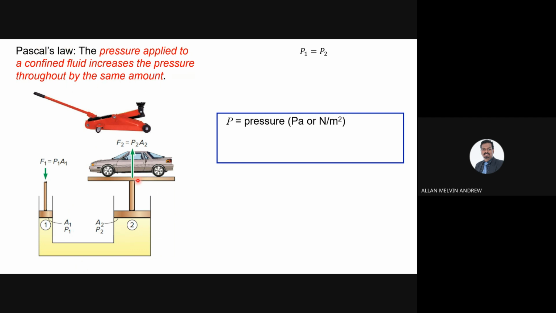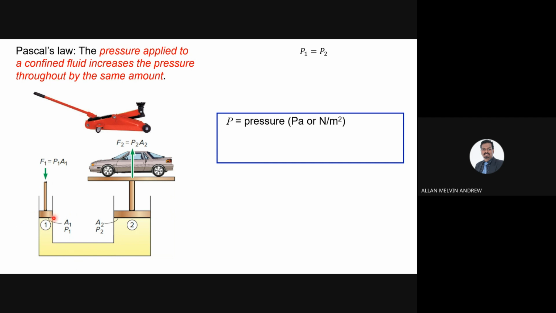What does Pascal's law say? We can see there are two pistons, piston A and piston B, or piston one and two. Each has its own area, and here it will normally be smaller than this, area two. But this system is connected by the same fluid.